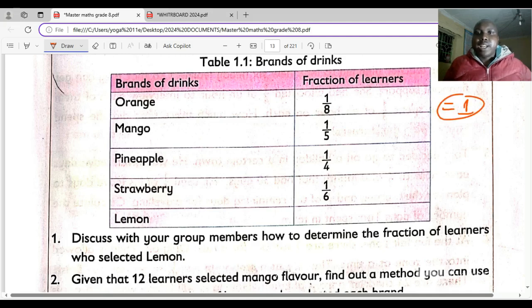So you add 1 over 8 plus 1 over 5 plus 1 over 4 plus 1 over 6. Then 1 minus the answer here is what is for lemon.